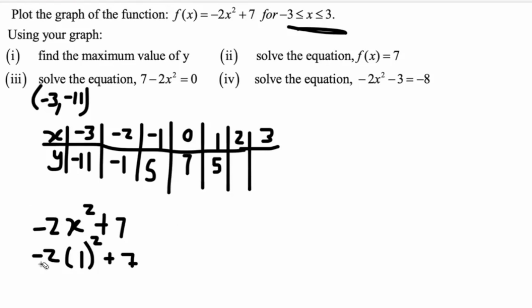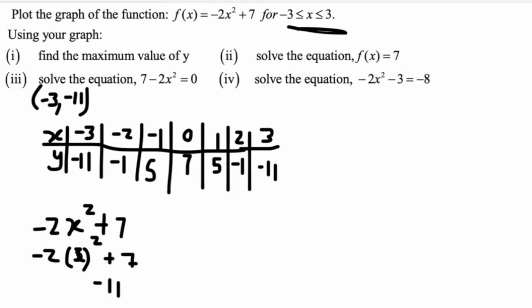Then we substitute x equals 2. So for x equals 2, we have 2 squared is 4. 4 times -2 is -8, plus 7, that's -1. And x equals 3 is going to be 3 squared is 9. 9 times -2 is -18, plus 7 to give us -11.